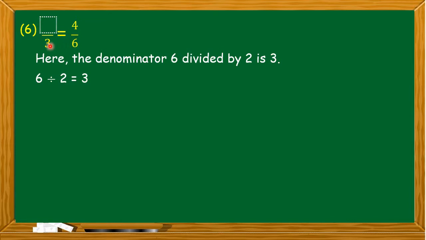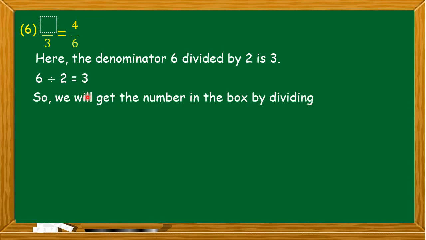Yes, we have 6 divided by 2 is equal to 3. So, to find the missing number, we have to divide the numerator 4 also by 2. So, 4 divided by 2 is equal to 2.